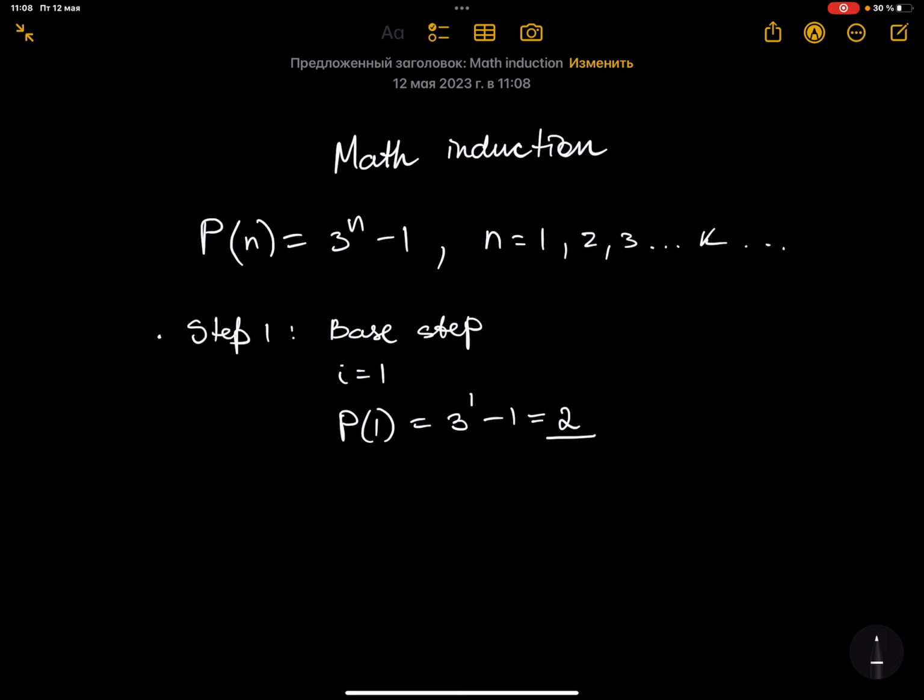So step number 2 is called the inductive step.